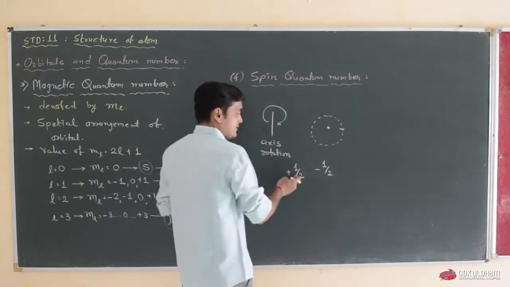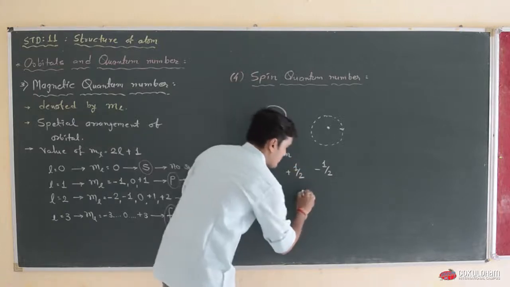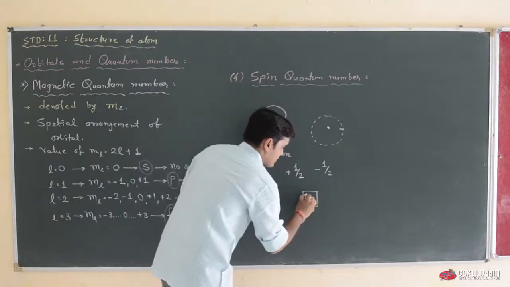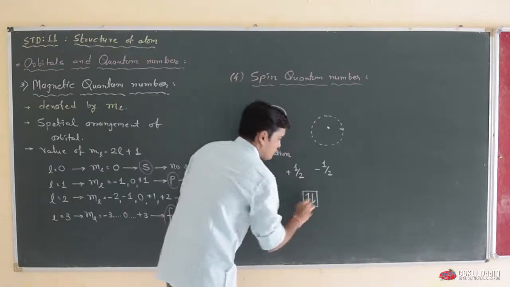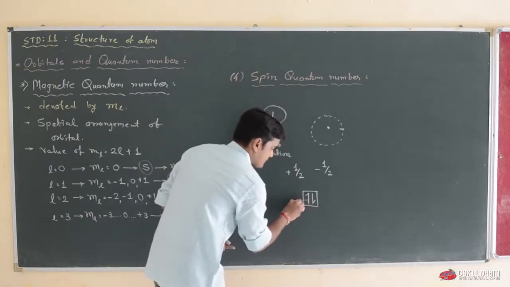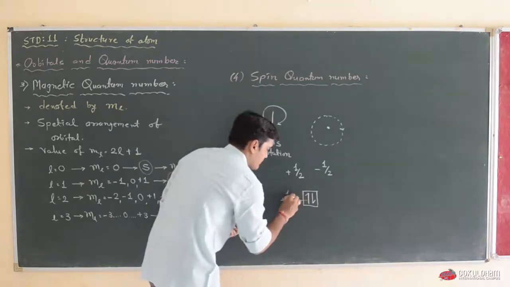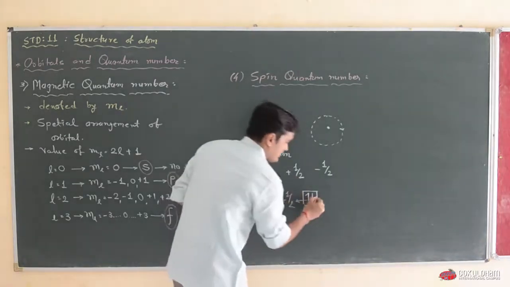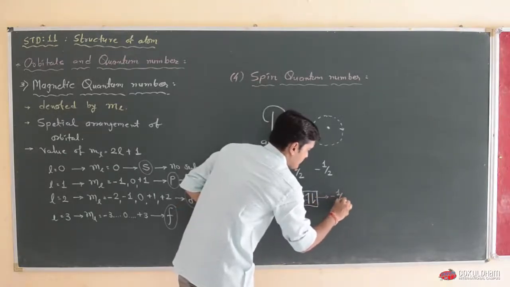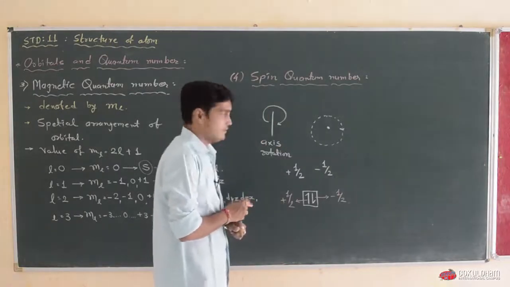How can we represent this motion in our orbital box? This orbital can accommodate maximum 2 electrons. In this case, this arrow which is going in the upward direction has the value of plus one half, and in the lower direction the value of spin quantum number is minus one half.